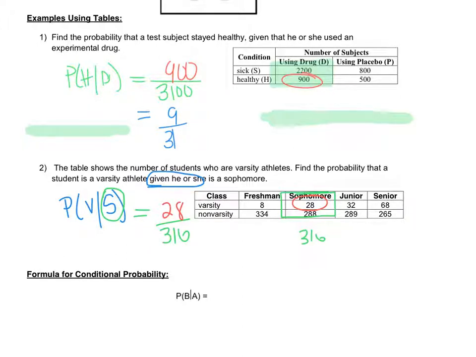And that reduces to 7/79. So basically, we took this whole big list of outcomes, cut it down to sophomores because we were already told that the athlete was a sophomore, and then within those sophomores, how many were varsity athletes.